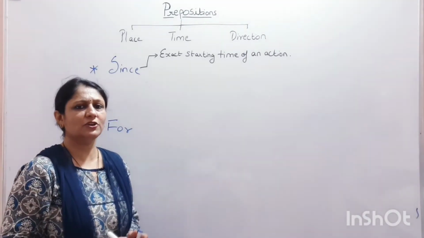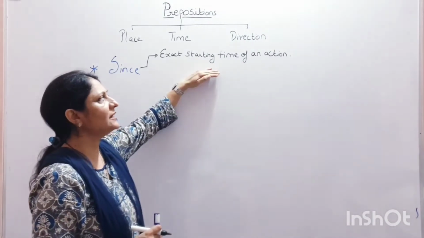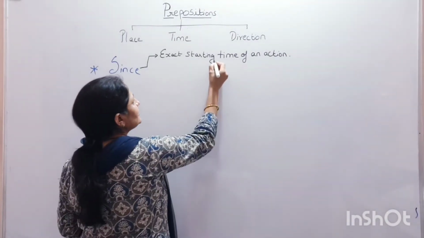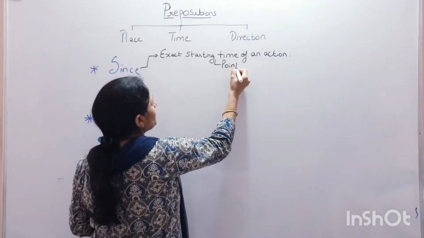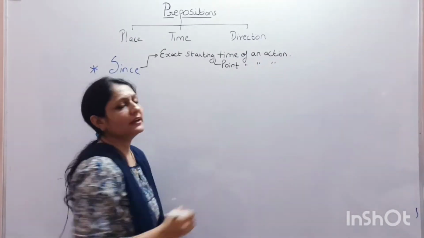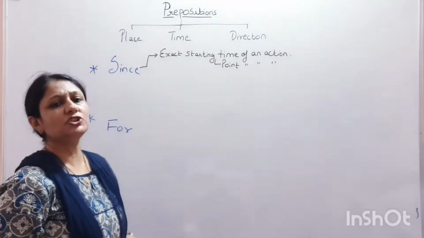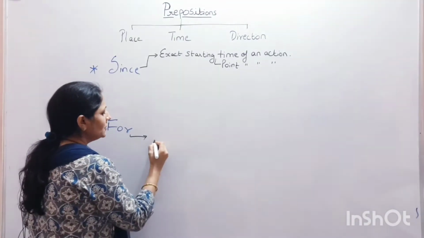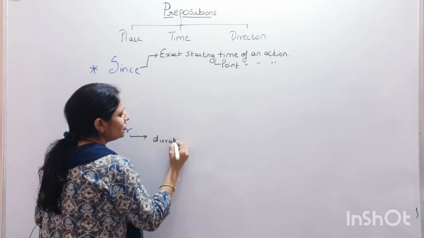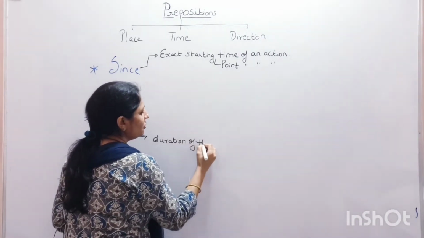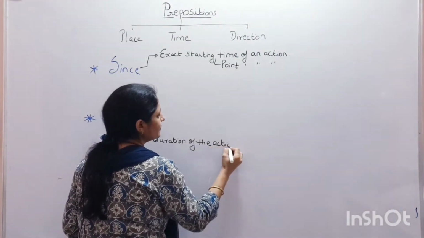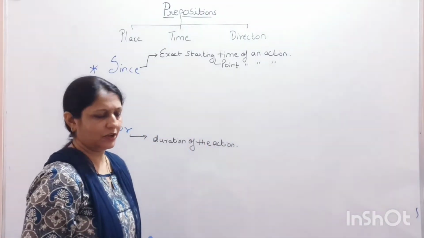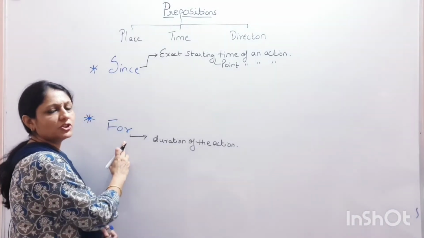If I am telling you about the exact starting point of that action, the exact starting point of an action is referred with the preposition since. Whereas when I just talk about the duration of the action, which can be tentative or approximate duration, then we use the preposition for.